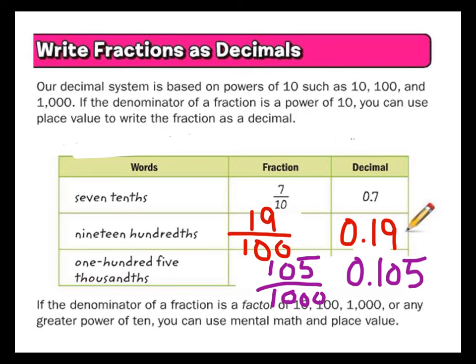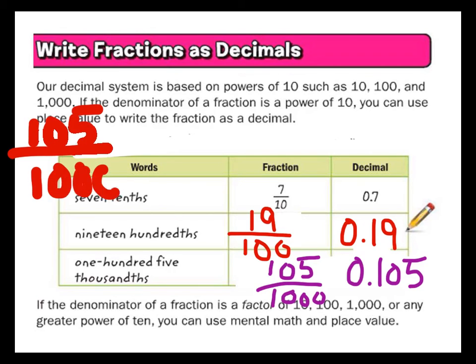Let's look at this. Okay, so if you have 105 over 1,000, what you're going to do is, if we wanted to write this as a decimal, if this is over some type of multiple of 10, which this is, which is 1,000, you're just going to write the numerator, which is 105.